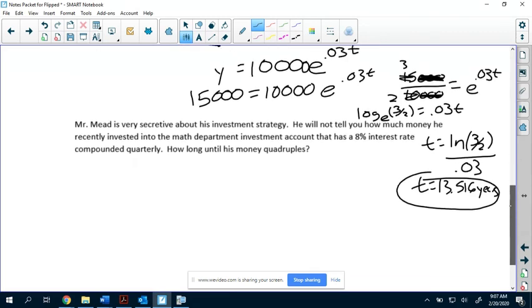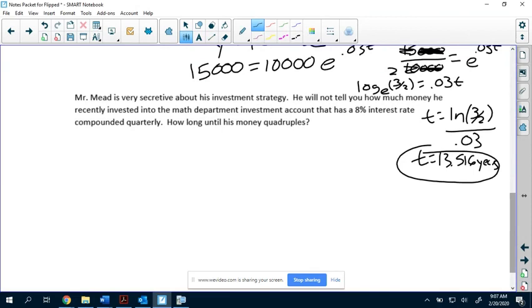All right, so we know Mr. Mead, he's secretive about an investment strategy. He's not going to tell us how much money he recently invested into the math department investment account that has an 8% interest compounded quarterly. We want to know how long it will take for Mr. Mead to quadruple his money. Now, it's compounded quarterly, so we know we can use this formula.